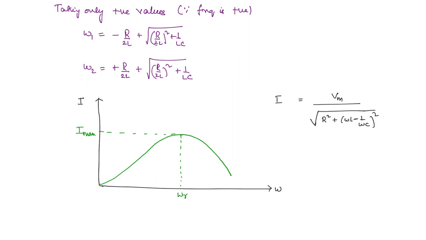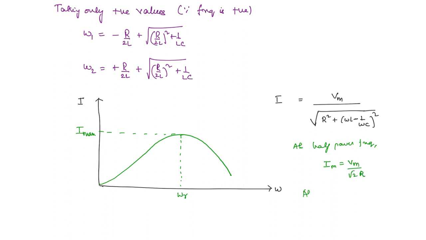Now where will the half power frequencies be? We know that at half power frequency, we have found the expression for Im to be equal to Vm by root 2R.